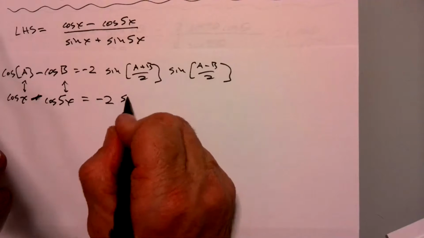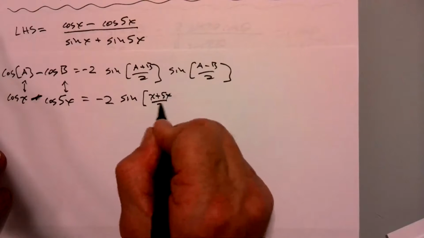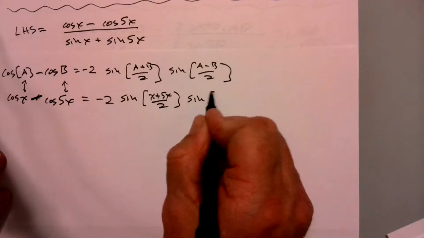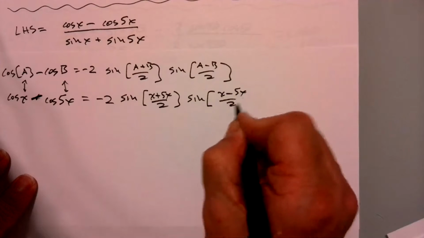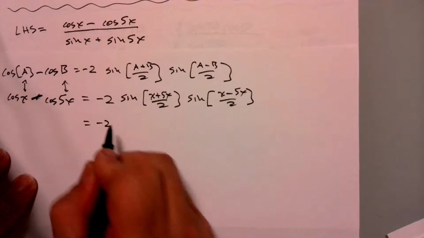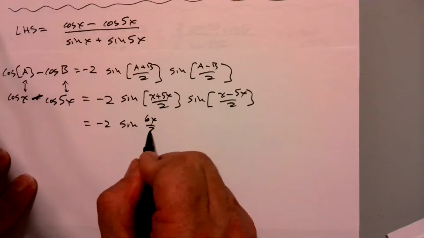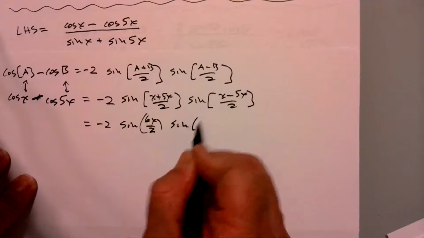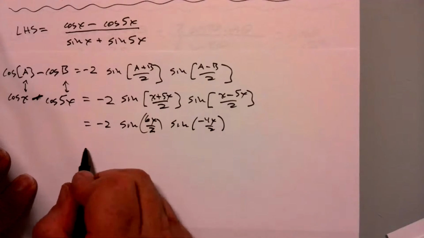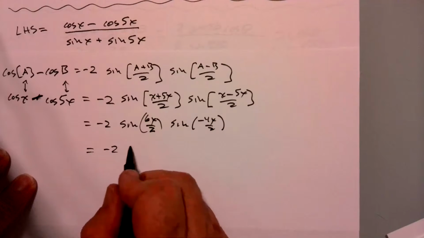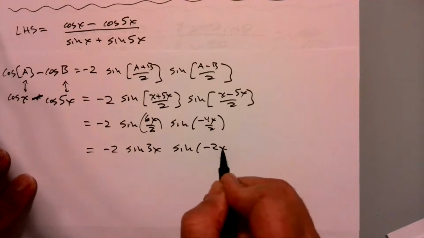So I get negative 2 sine x plus 5x over 2, sine x minus 5x over 2, which gives me negative 2 sine x plus 5x, that's 6x over 2, x minus 5x, negative 4x over 2. So I get negative 2 sine 3x sine negative 2x.